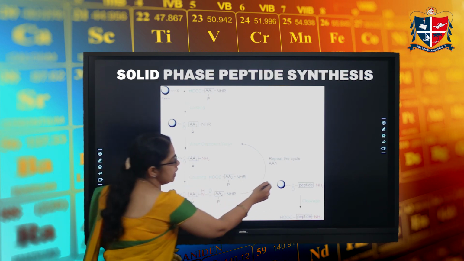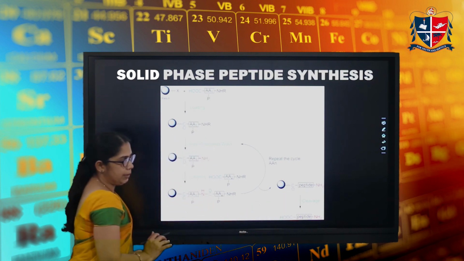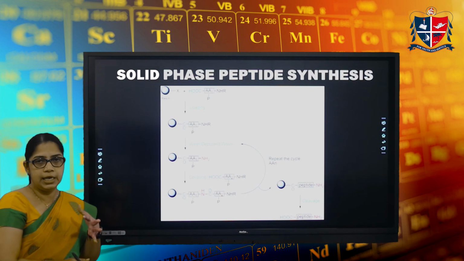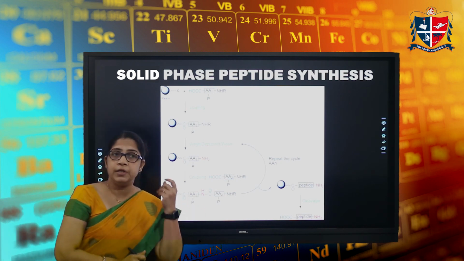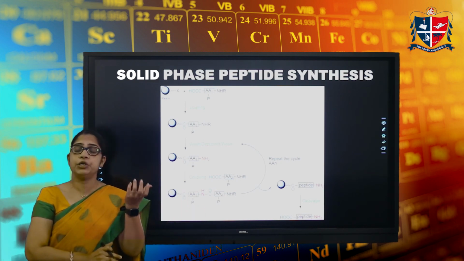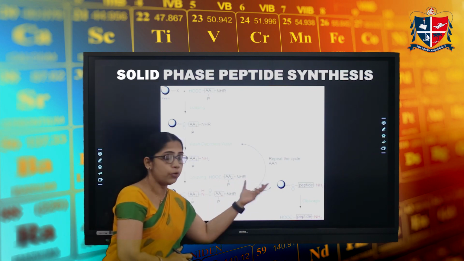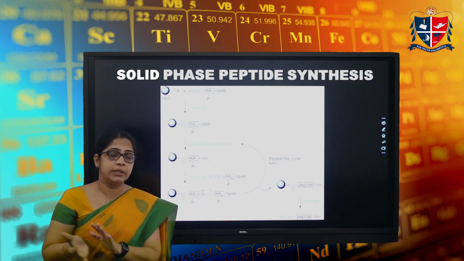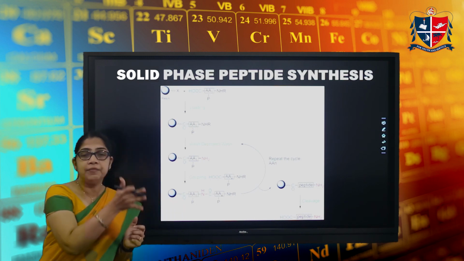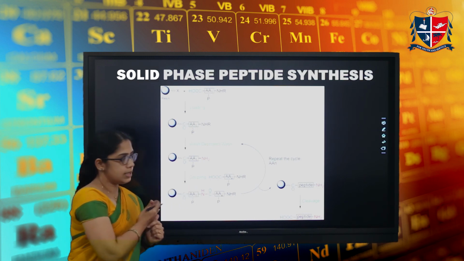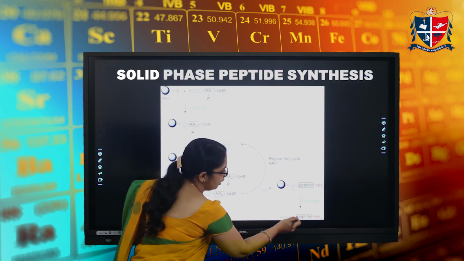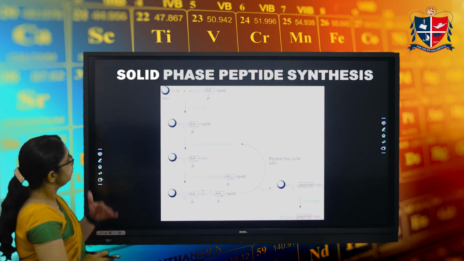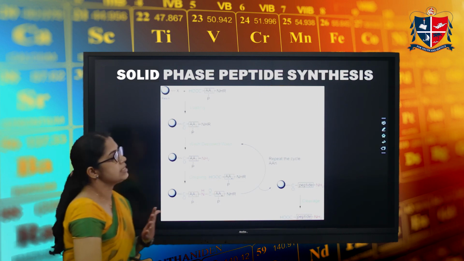Or, if there is a photoactive group in the support, a photolytic method can also be adopted to cleave the polypeptide from the support. So you cleave the support and you get the peptide. This is a different method called solid phase peptide synthesis.